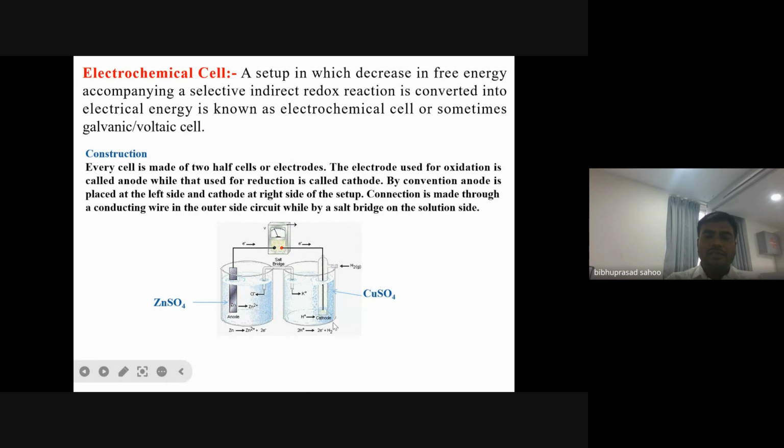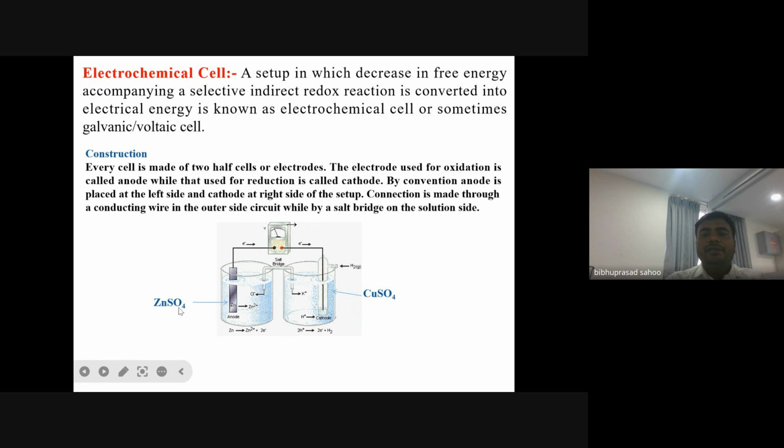I will also teach you what the standard hydrogen electrode is. When they are joined, they constitute a cell. In this cell, zinc is the anode and SHE becomes the cathode.